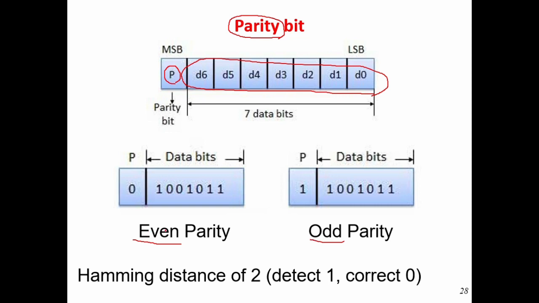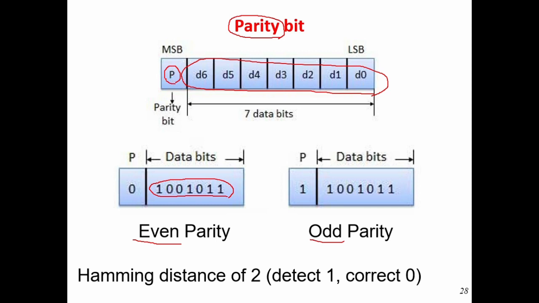But what does it mean by even parity? So suppose this 7 bits that we want to transfer are like this. This is given. This is not in our control. We want to transfer this sequence of 0 and 1 to the receiver. Now, if we want to work with even parity, we add a parity bit at some location.